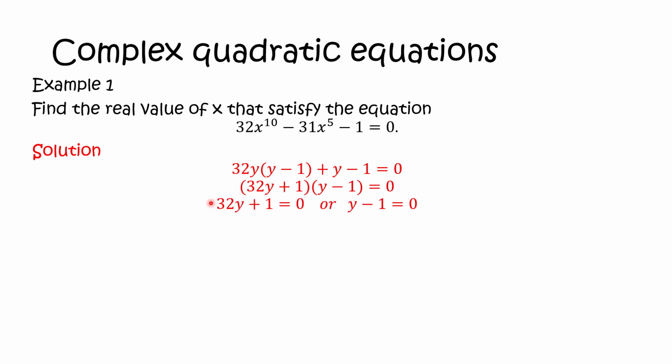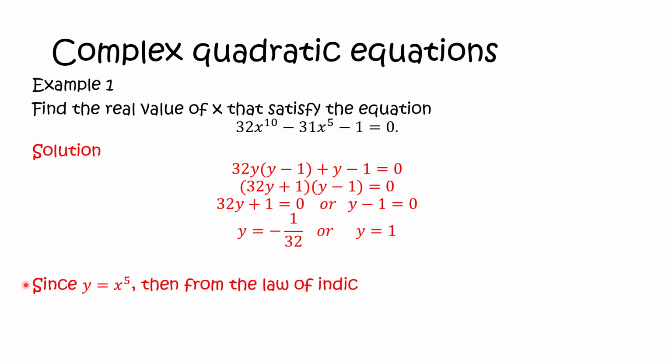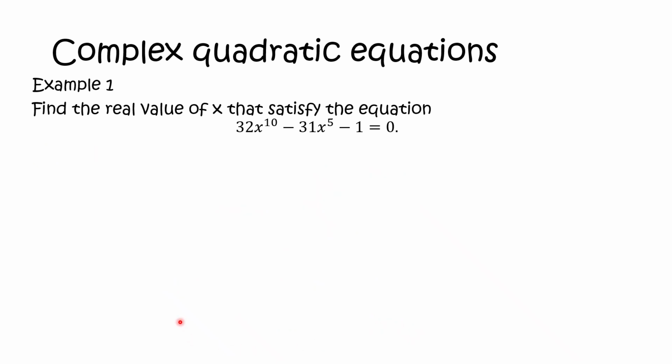Separating those factors, we're going to get 32y plus 1 is equal to 0, or y minus 1 is equal to 0, so that we get y is equal to minus 1 over 32, or y is equal to 1. And since our y was equal to x to the power 5, then from the laws of indices, we're going to have x to the power 5 is equal to minus 1 over 32, or x to the power 5 being equal to 1.